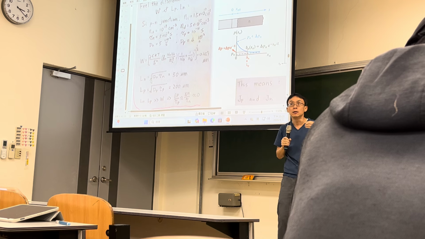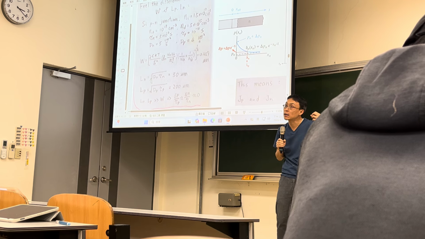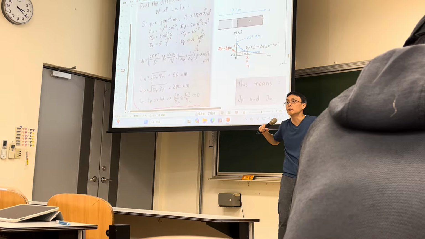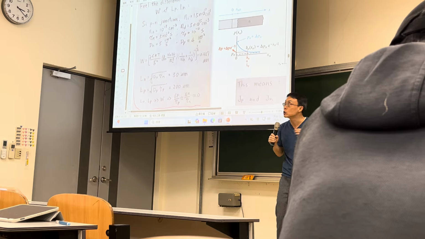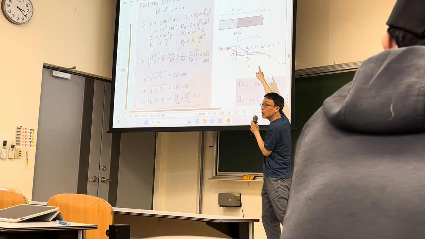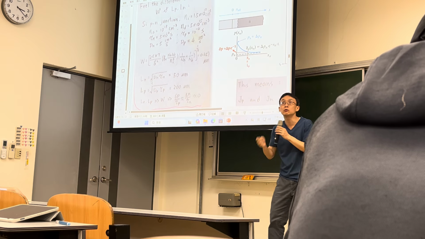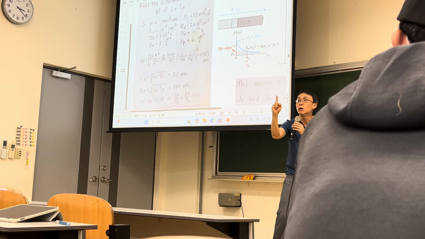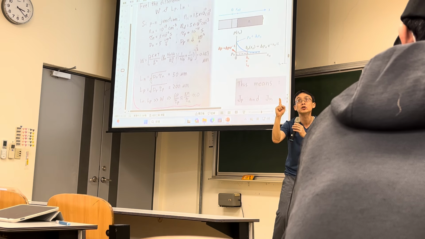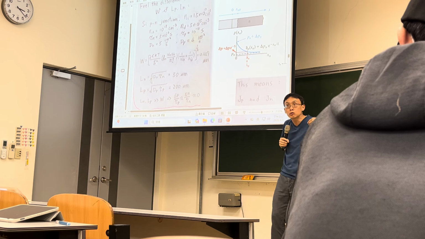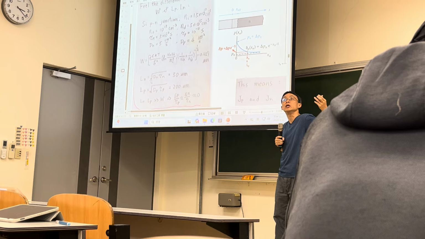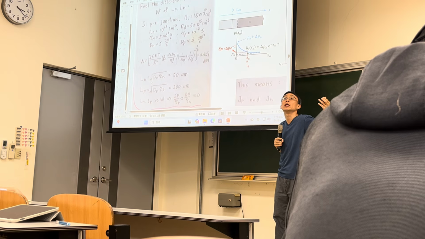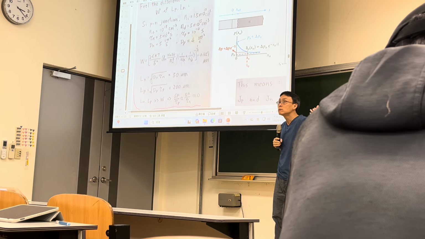That means if the electron and the hole need to recombine and reduce the hole concentration in the N region, you need to travel at least 1 L, the diffusion length, in order to see enough recombination, right?